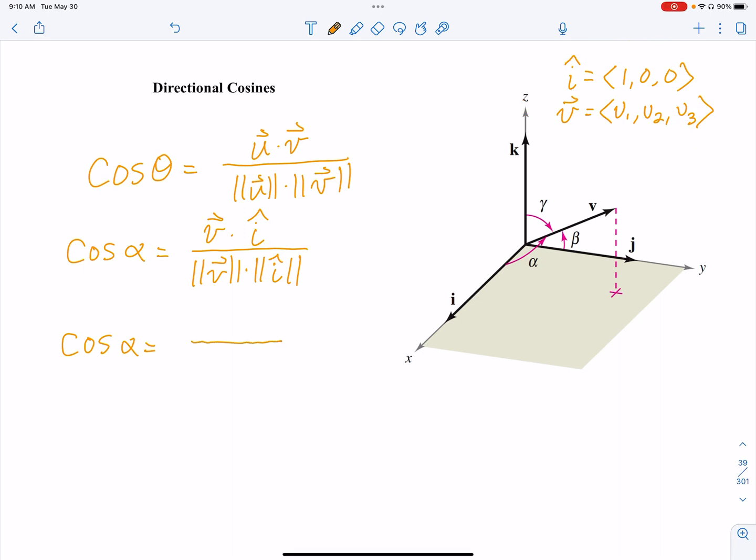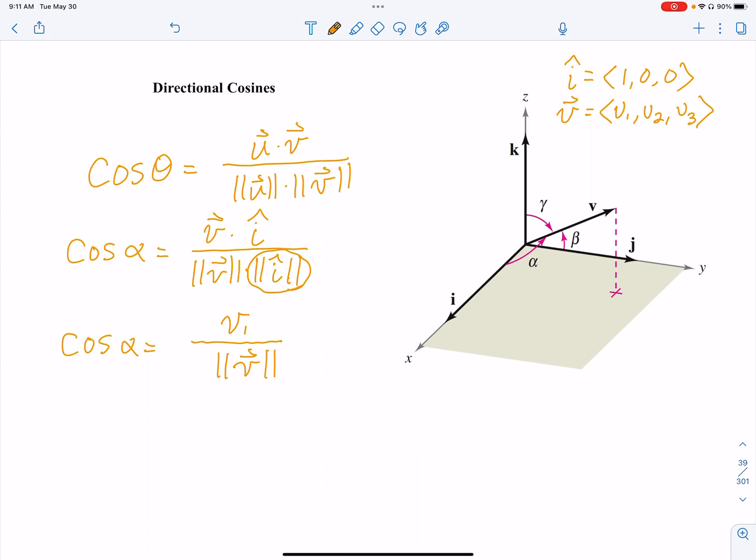Everything else is going to be multiplied by 0. So we get V1 over the magnitude of I, which is a unit vector, so the magnitude is 1. So if I want to find alpha, I would do V1 over the magnitude of V.